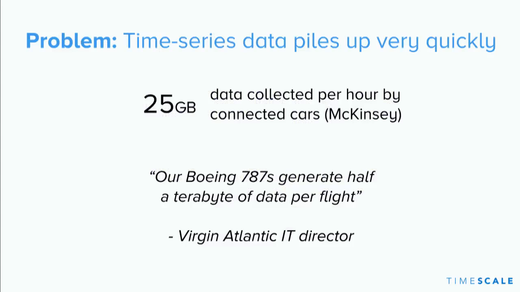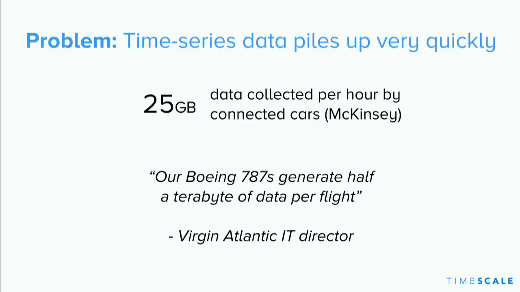The main problem with time series data, which I think Austin was alluding to, is that the data piles up very quickly. When you're collecting data at seconds or multiple times a second, or even 5-minute intervals, you're going to hit a scale problem much faster than you would in a traditional OLTP workload. These are two different data points. One is connected cars. An average connected car generates 25 gigabytes of data an hour.